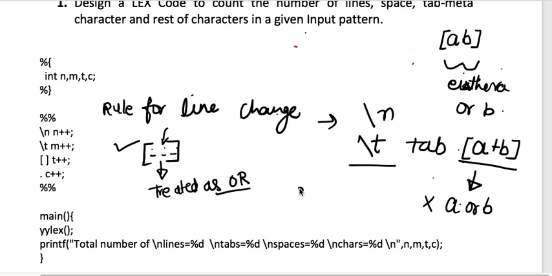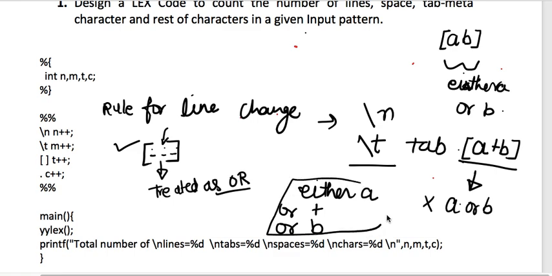It will be either A, or plus, or B. So this is what comes under the bracket part.